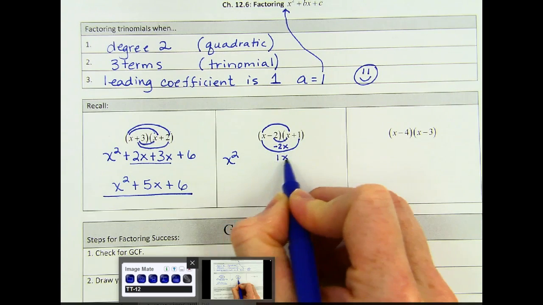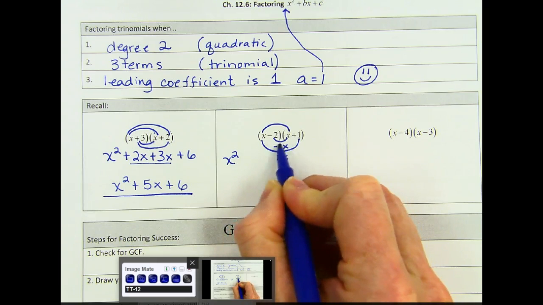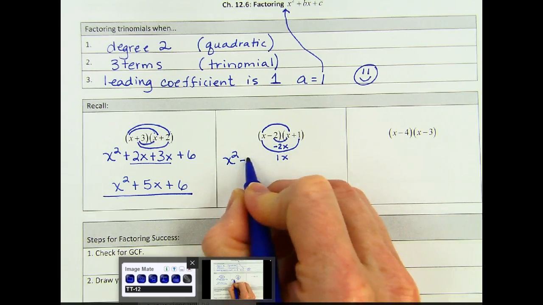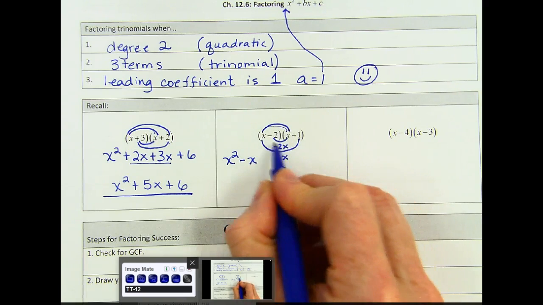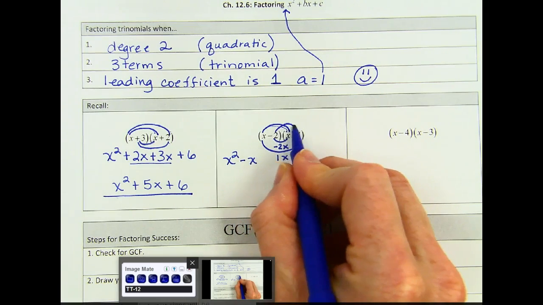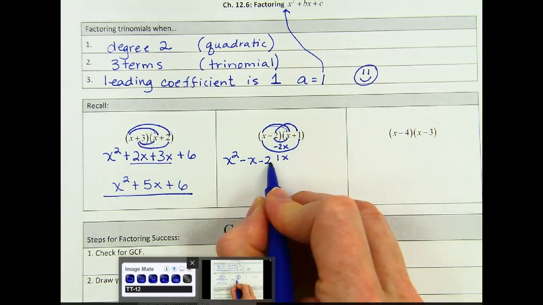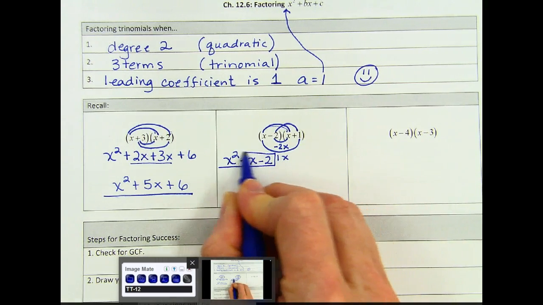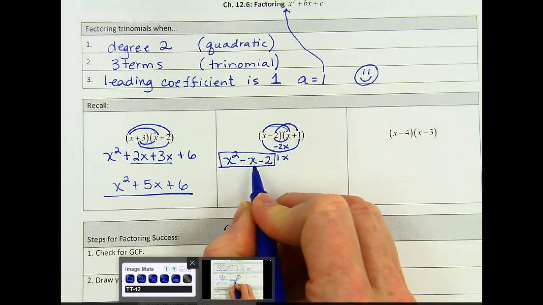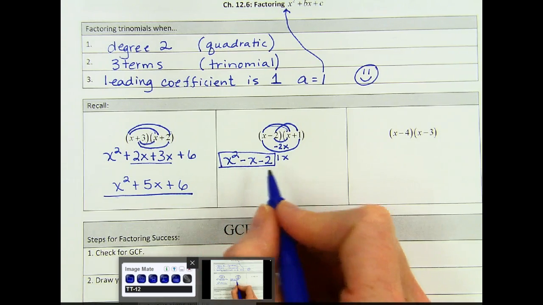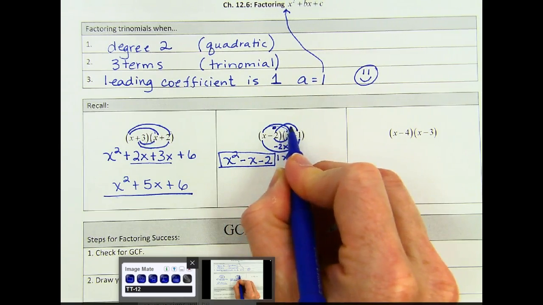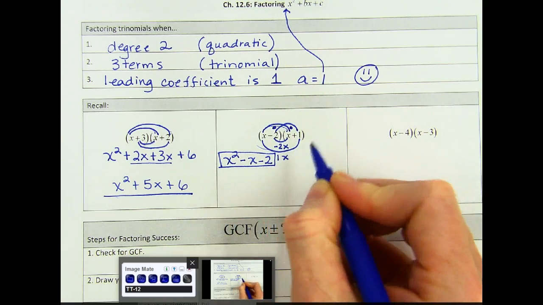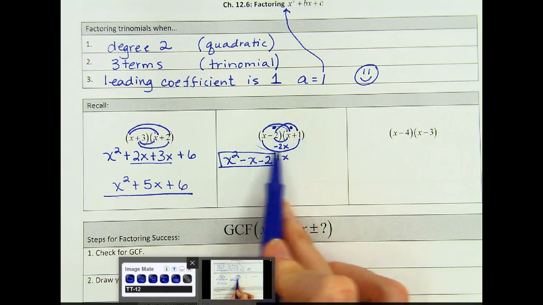And if you notice what happens here, these automatically go together. So this is going to be a negative x. So I've got first, outer, inner. Last is going to go up here to give me a negative 2. Now that is the answer, which I'm pretty confident now you can get the answer. But I want to know if you see something. If you only look at the blue lines there, do you see the little smiling man?